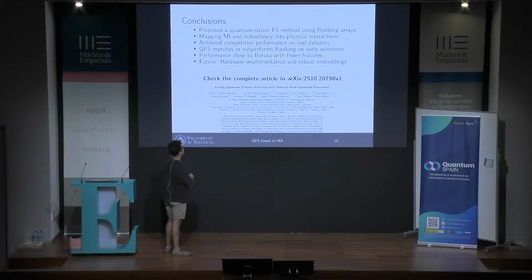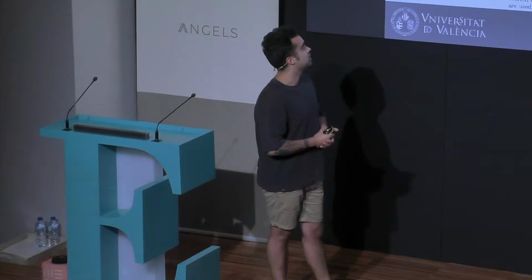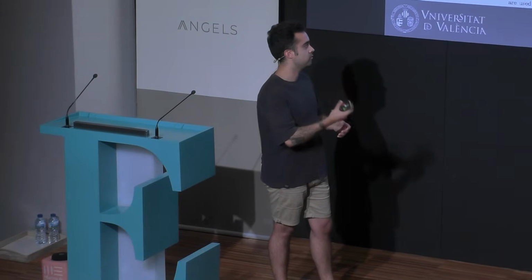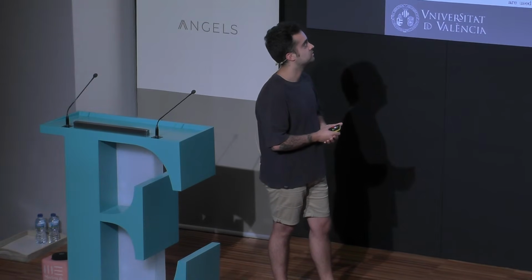The only classical algorithm that we have to use is the one to translate this redundancy into positions. And we observe that the performance is close to, or in particular cases outperforms, the classical counterparts.